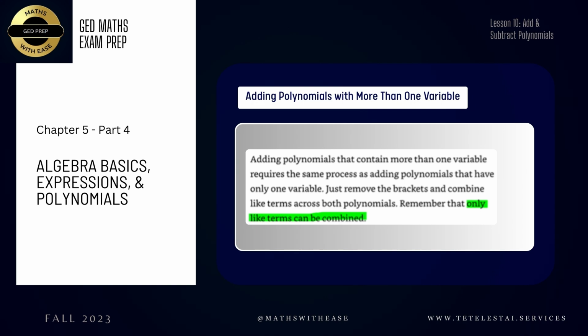When you're adding polynomials with more than one variable, know that it requires the same process as adding polynomials that have only one variable. All you need to do is remove the brackets and then combine the like terms across both polynomials. And remember, again, that only like terms can be combined.